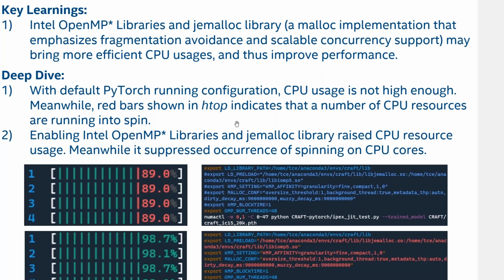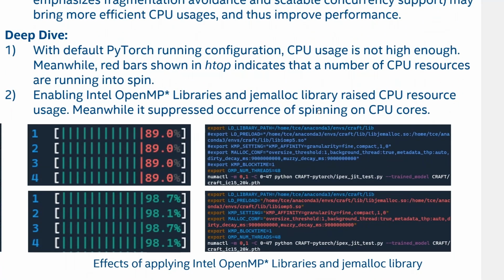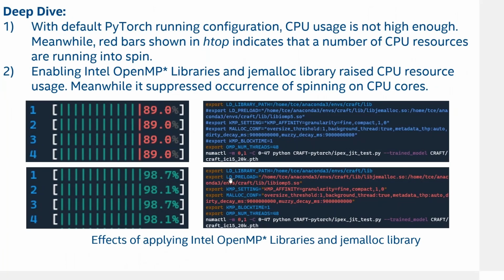From a memory usage efficiency perspective, jemalloc and TCMalloc sometimes result in better performance. Using these third-party libraries is very simple. We just need to use the LD_PRELOAD environment variable to load them, and then everything works.